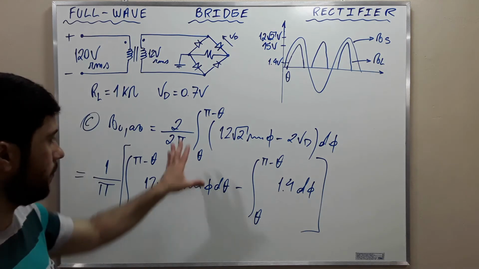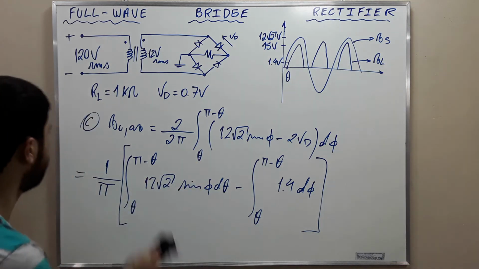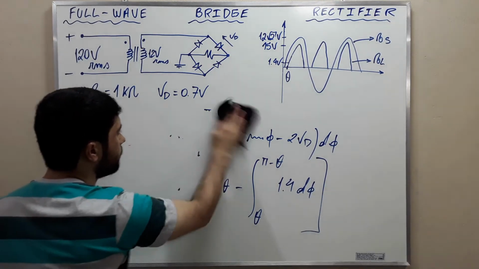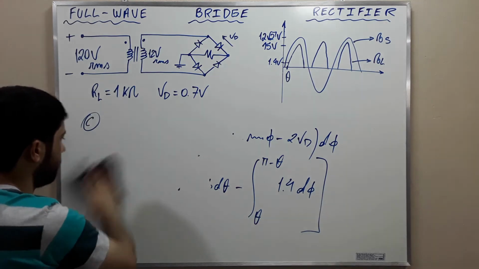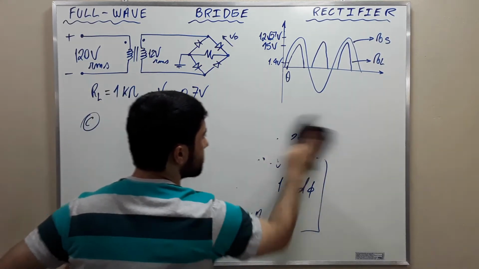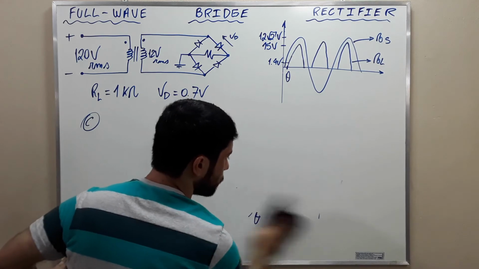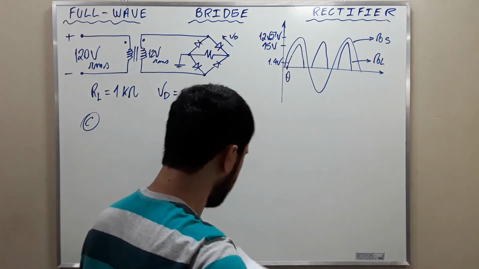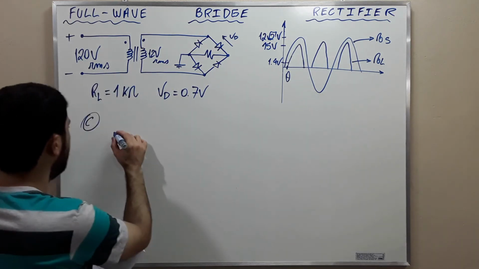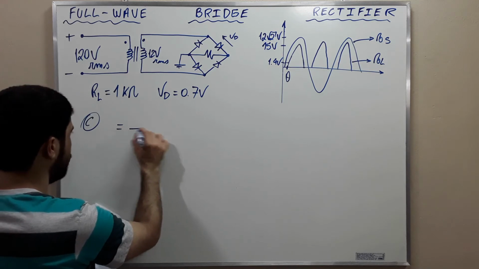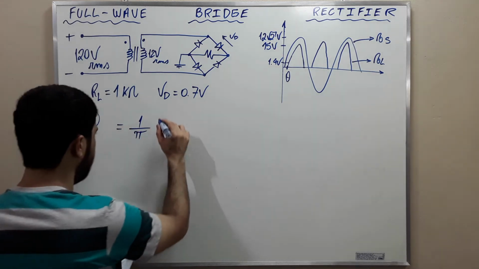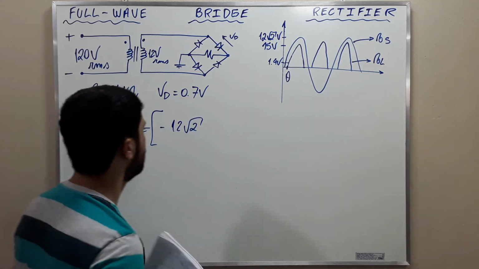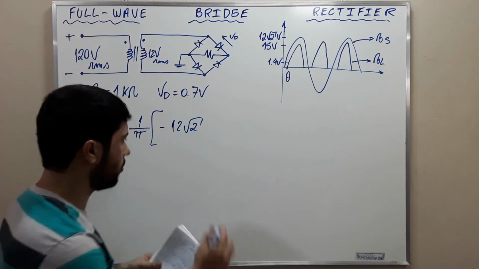I'm going to erase here to show you the next step. And then we find that it is going to be equal to 1 over pi times minus 12 times the square root of 2 times the cosine.